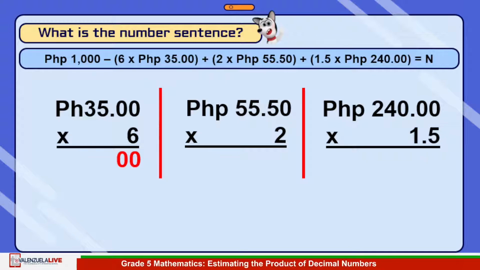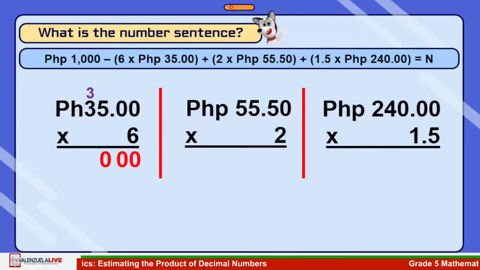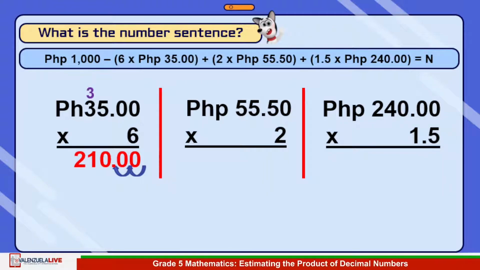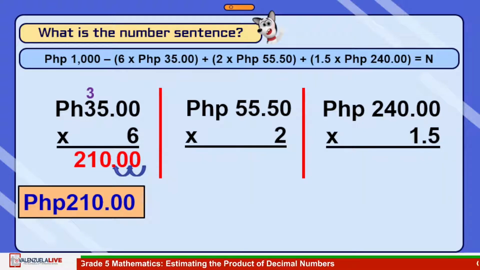Very good. Is equal to 30. And then 6 times 3 is equal to, very nice, 18 plus 3 is equal to 21. And then count the number of decimal places. We have 2 decimal places. Move the decimal point to the right twice. 1, 2. Put the decimal point. So the final answer is 210 pesos.